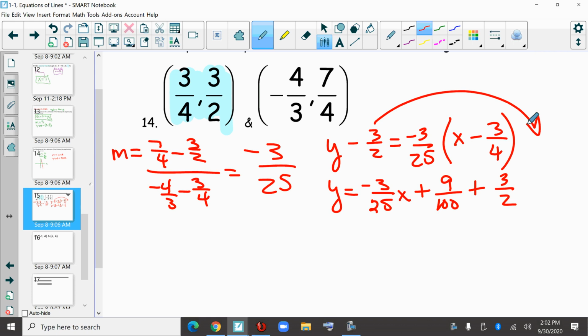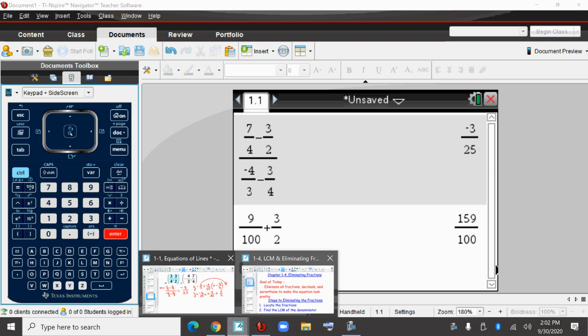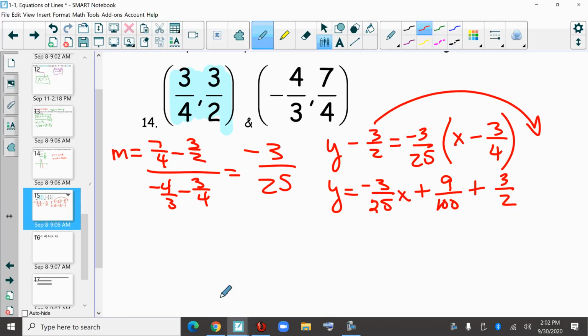So if you come over to your calculator and you type in there 9 divided by 100 plus 3 divided by 2, it's going to give you 159 over 100. So then y is equal to negative 3/25 x plus 159 over 100.